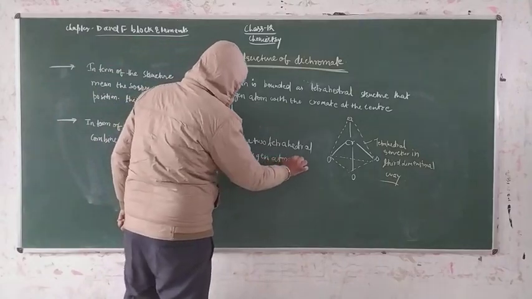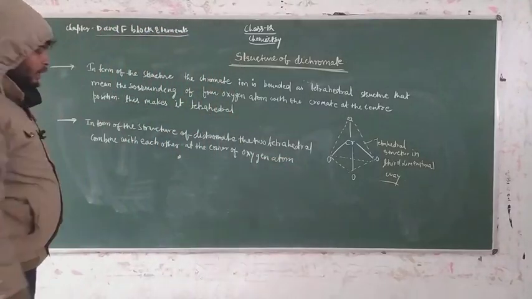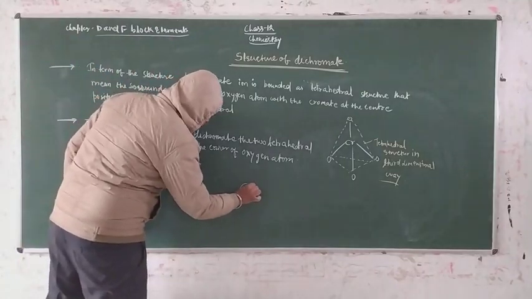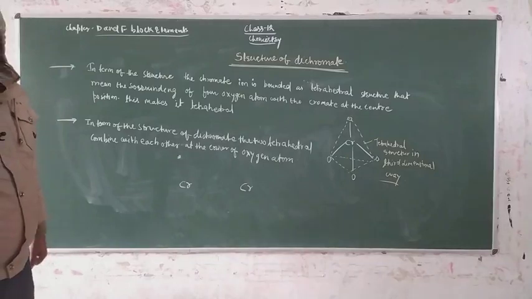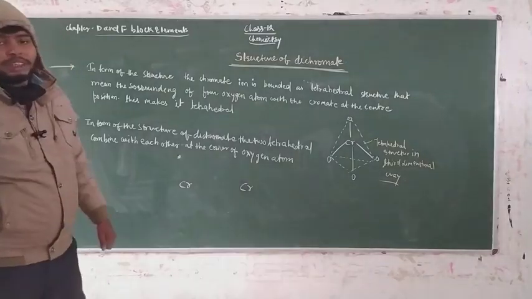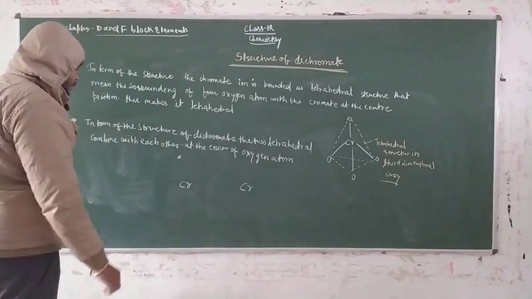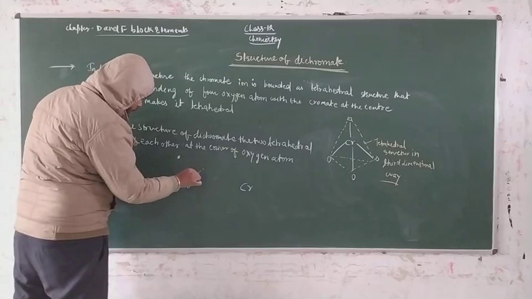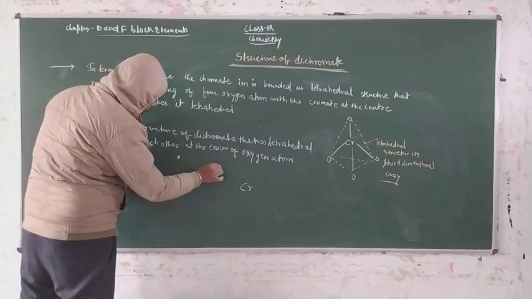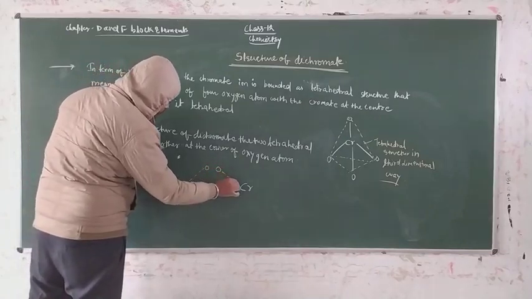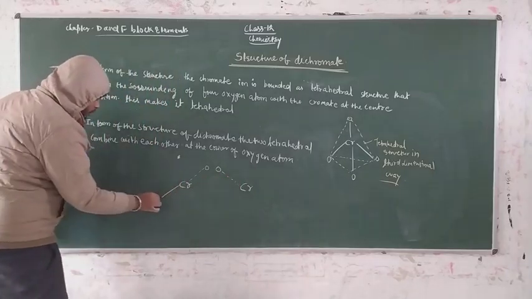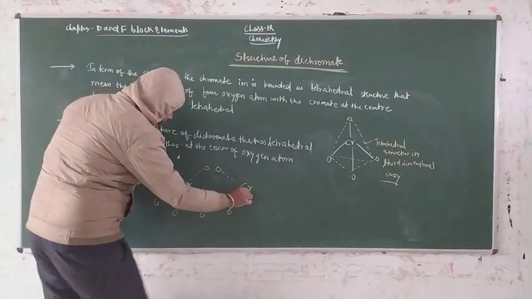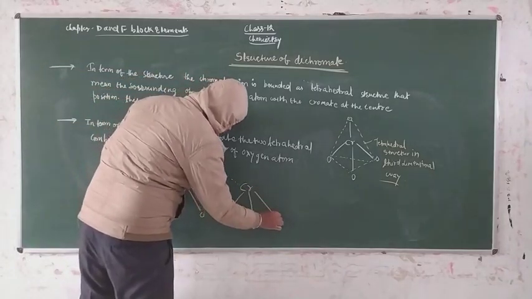Now you have to represent this formation. This is one chromium, this is your second chromium. In terms of the sequence, we have to see how the four oxygens combine. This is the first oxygen, and here is also the second oxygen, just like the formation 1, 2, 3, 1, 2, 3.